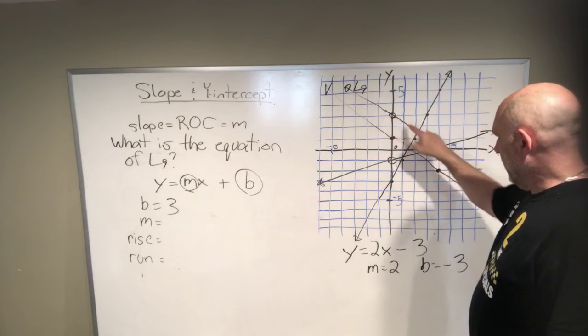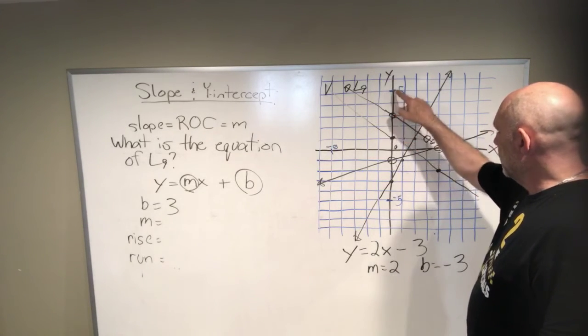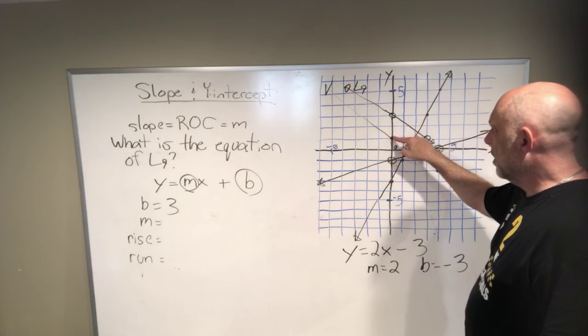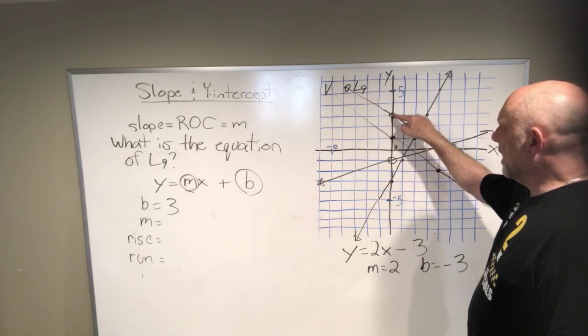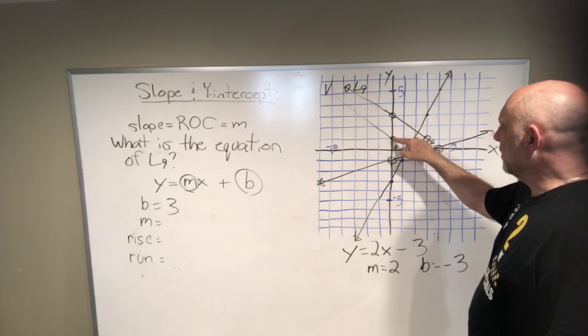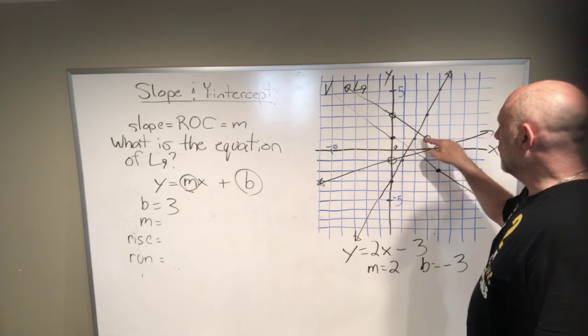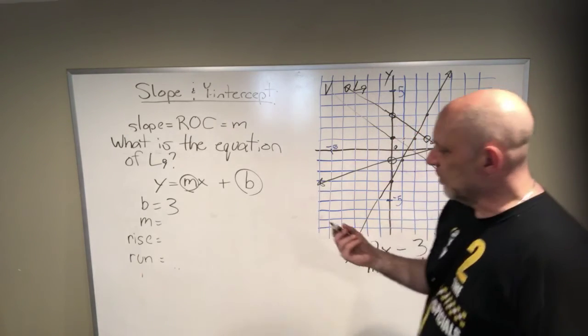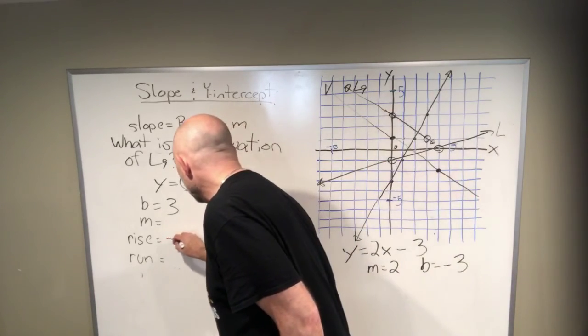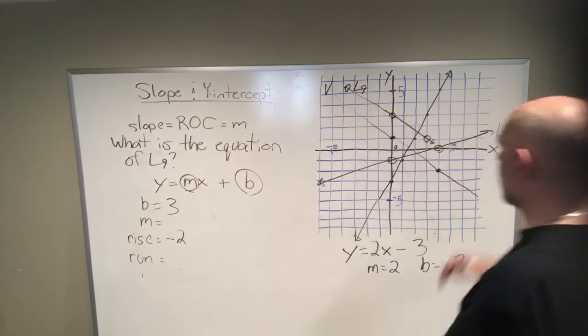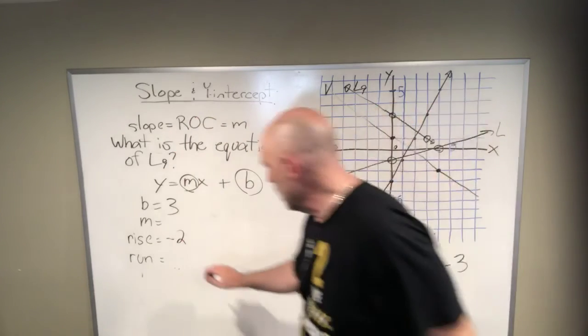So as I go from here to here, how do I do it? Well, do I rise? No. I drop. I go down. Down 1, 2 spaces. And I go 1, 2, 3 to the right. So the rise is down 2. And the run is to the right 3.